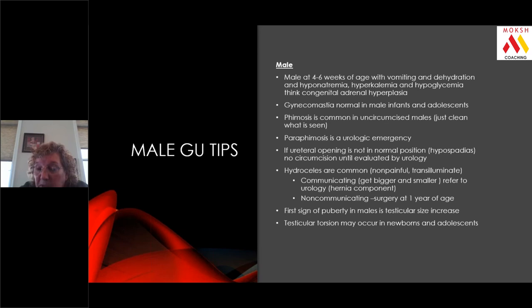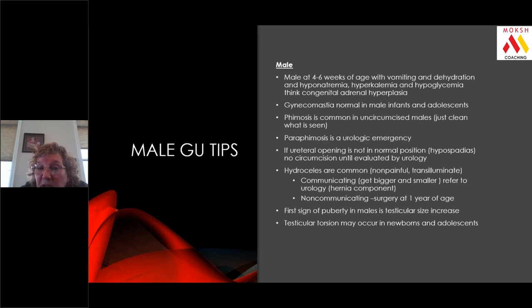Hypokalemic, hypochloremic, metabolic alkalosis. If they give you a 4 to 6 week old male with vomiting with hyponatremia and hyperkalemia, maybe with hypoglycemia, think of congenital adrenal hyperplasia. Okay? So for pyloric stenosis, you're going to have hypokalemia. For congenital adrenal hyperplasia, you're going to have hyperkalemia.